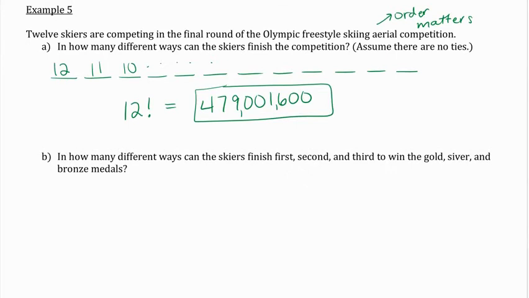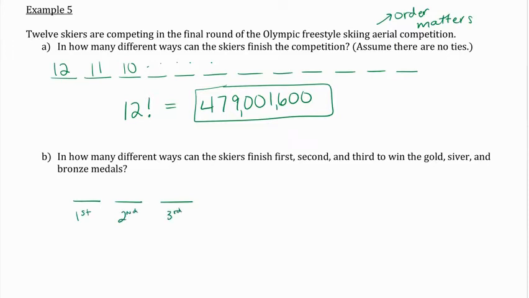Okay, next is how many different ways can the skiers finish first, second, and third to win the gold, silver, and bronze medals? Well, in this case, we're not looking at all 12 skiers, right? So really, we just need the first place, the second place, and the third place. So this is first, second, and third place winners.